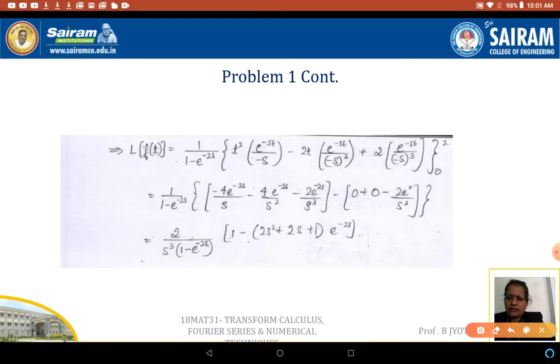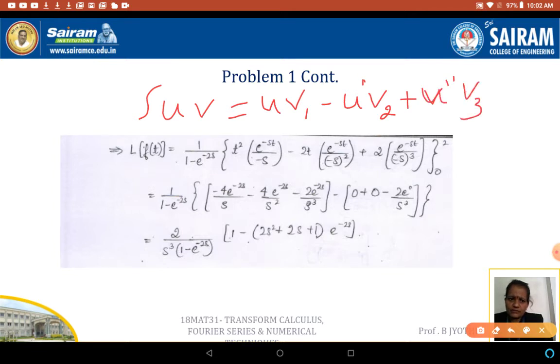Bernoulli's rule says that the integral of u v dx will be equal to u v1 minus u dash v2 plus u double dash v3 minus u triple dash v4 plus etc.